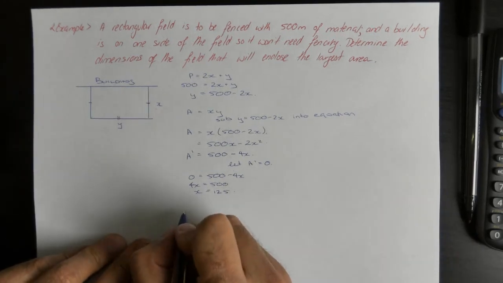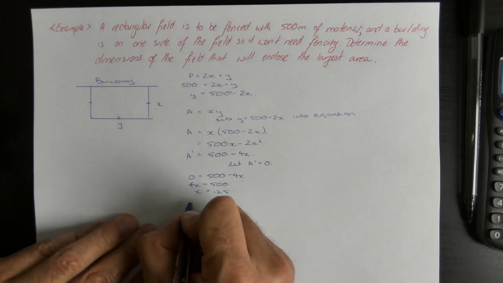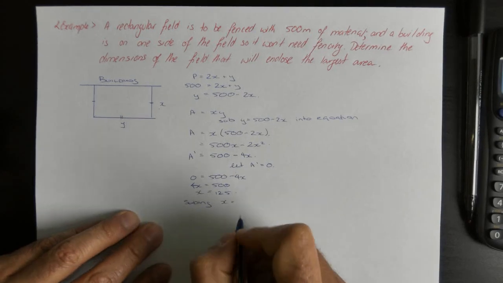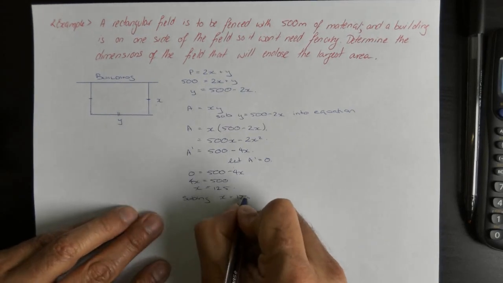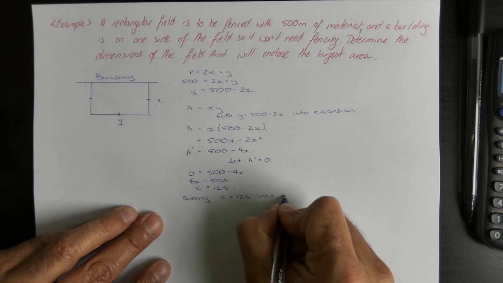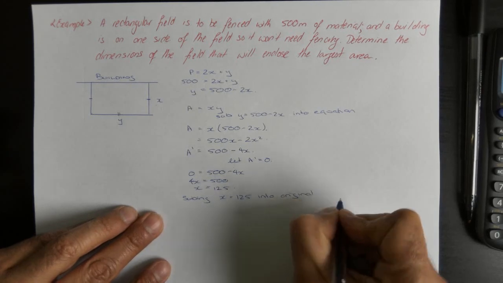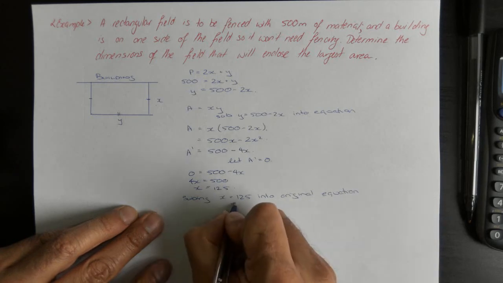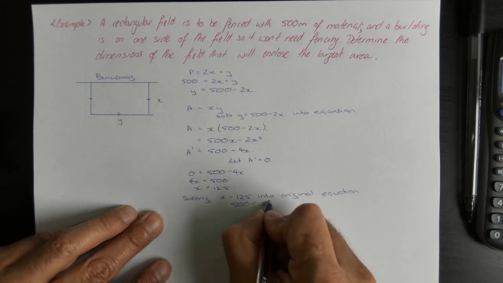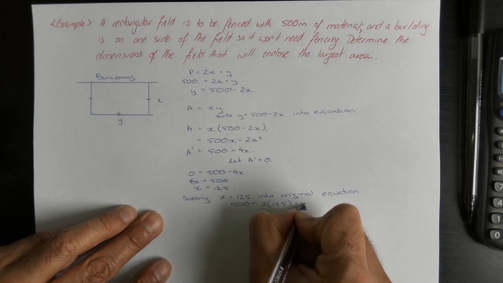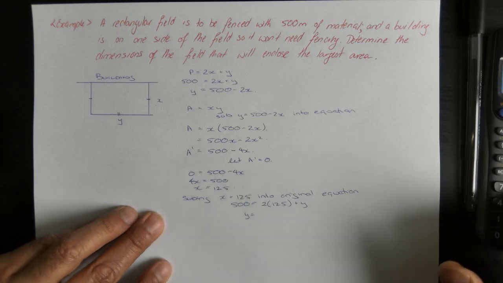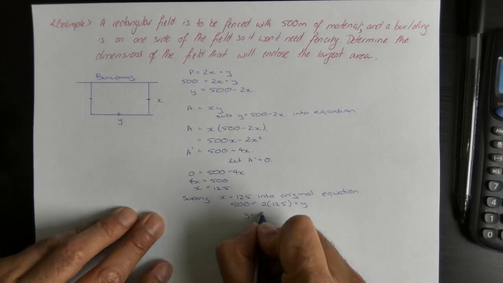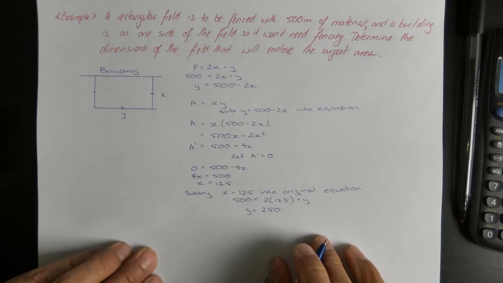Okay. Subbing x, that being 125, into my original formula, we get 500 equals 2 lots of 125 plus y, we get y being 250.